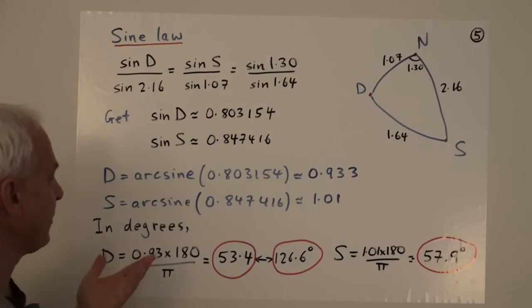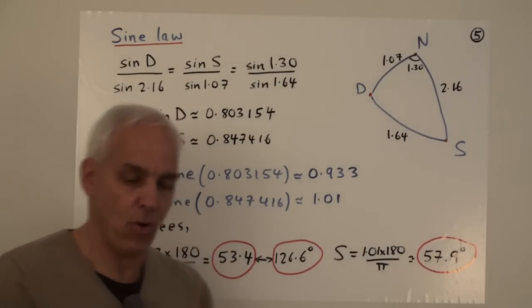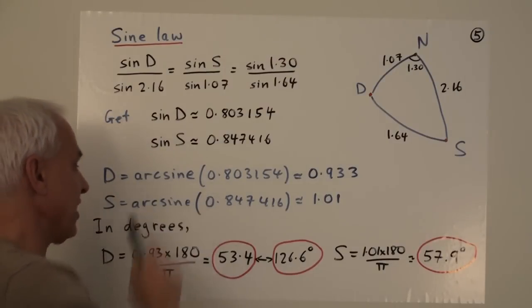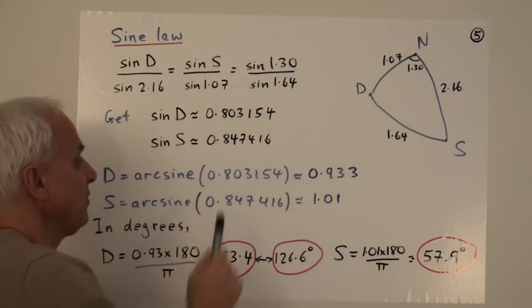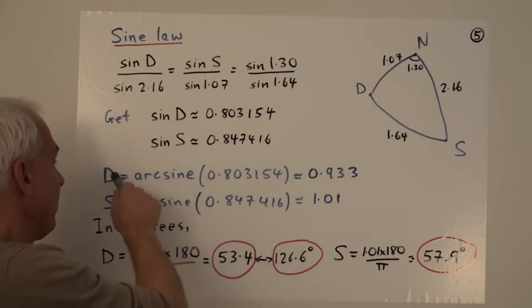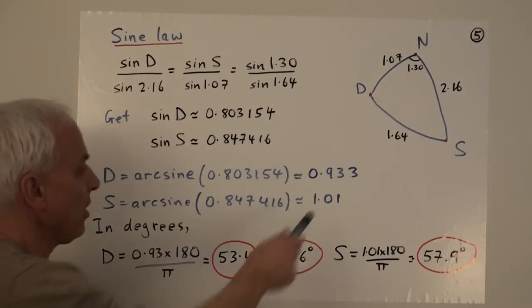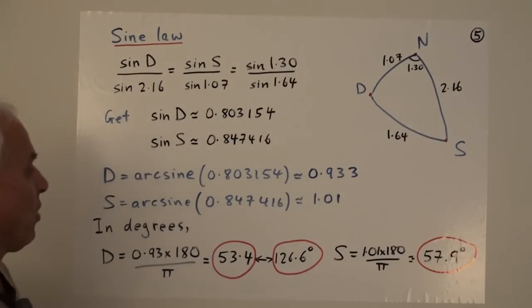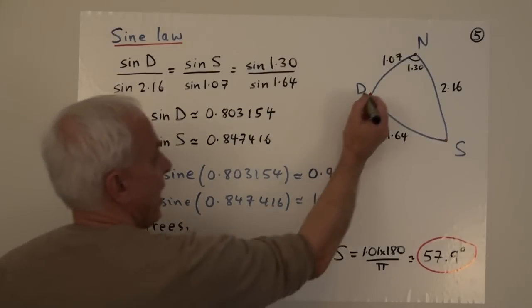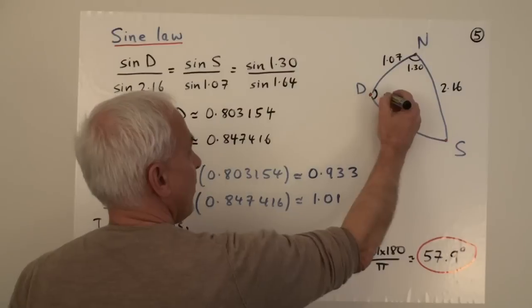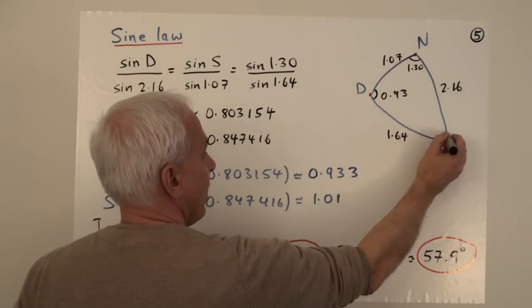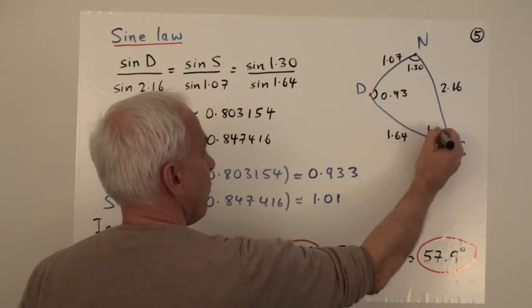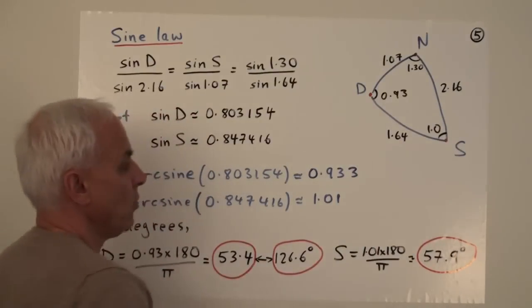Okay, and then we can look up our tables, or if we have a calculator, look at the arcsine function and invert these values to find that the corresponding angles d and s are 0.933 and 1.01. Everything in radians. So the angle d here we've said is 0.93, let's say, and the angle here is 1.01.